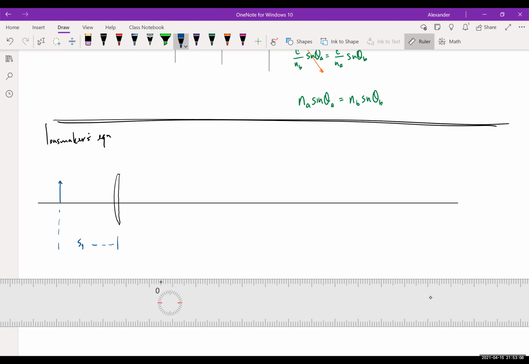And we can use that as the object for the second spherical surface. And that refracts the first image, and we end up with a final image when we're done. So we're going to use the image formed by one surface as the object for the second one.